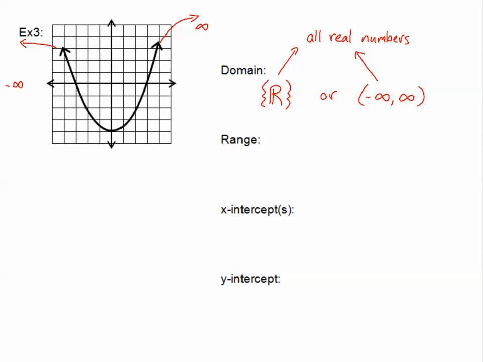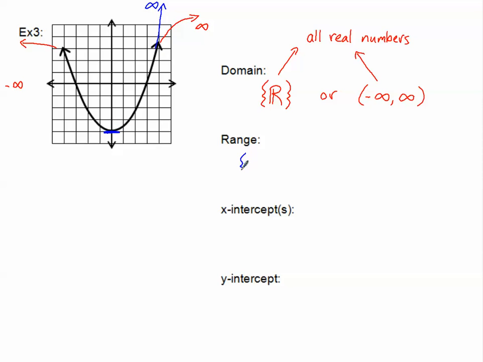Let's talk about range. Range, we go from down to up. So how far down do we go? Well, this is the lowest that our range goes. It does not go any lower than this. So this is -4. And then the range goes, well, it goes all the way up. In both locations, it doesn't really matter. We go all the way up to positive infinity. So we start at -4 and we go all the way up.